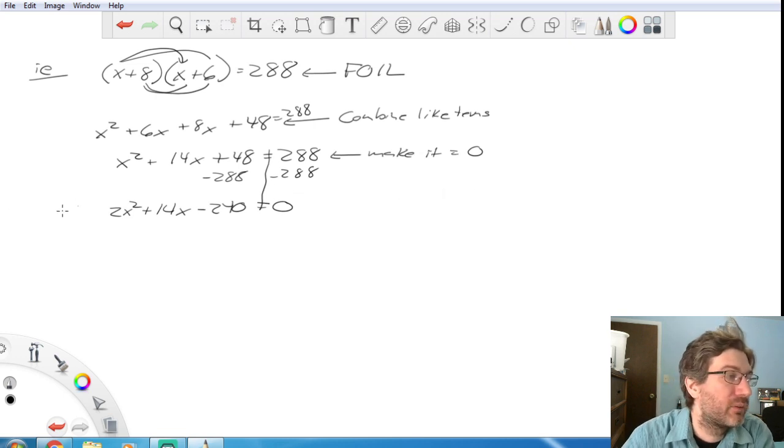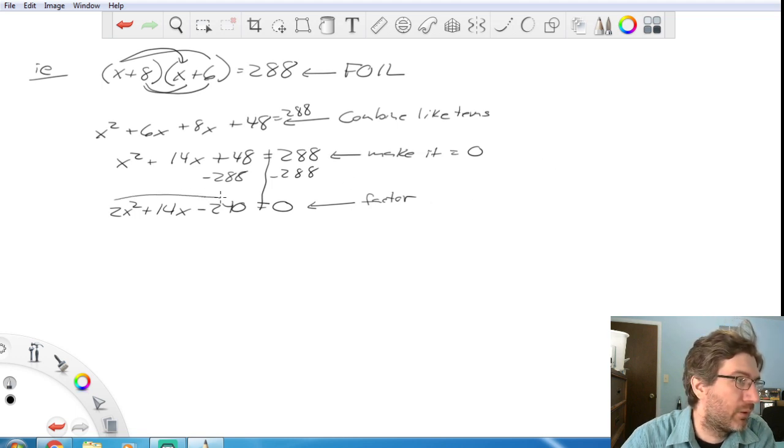And then you're going to factor this. And that's going to be a pain too, but oh well. Going to factor this, and we're going to get that 2 out of the way first.